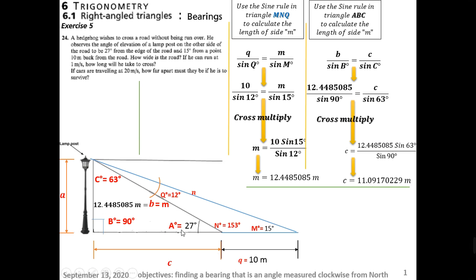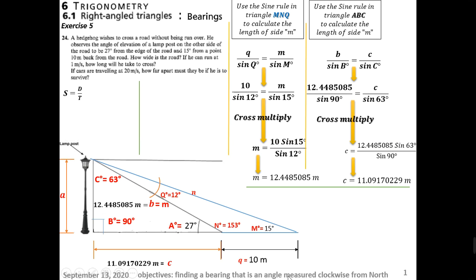Now that I found C, place what you found directly on the diagram. So again, get yourself organized. Always place what you found on the diagram so that you know what you still have missing to work out.